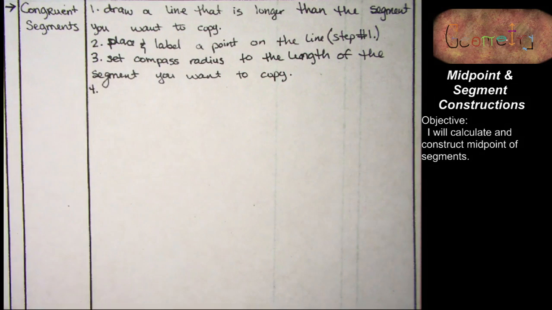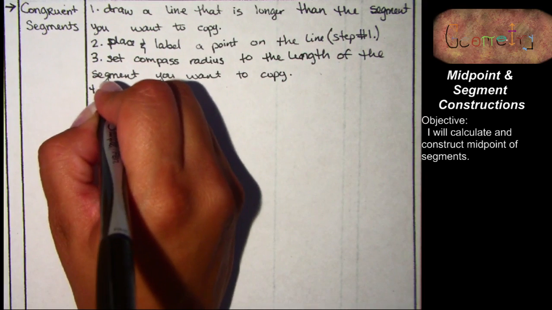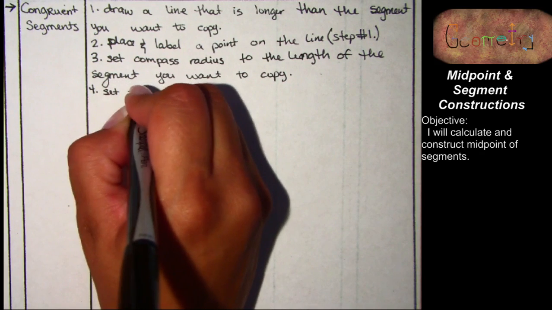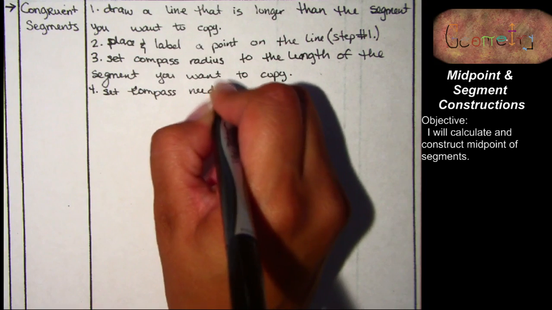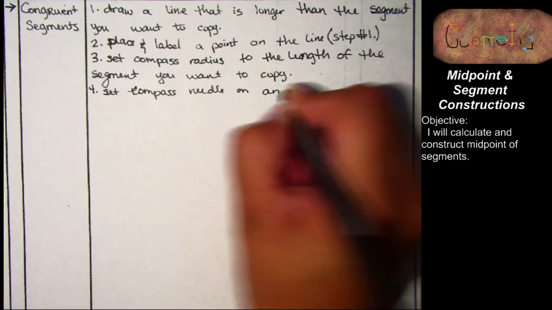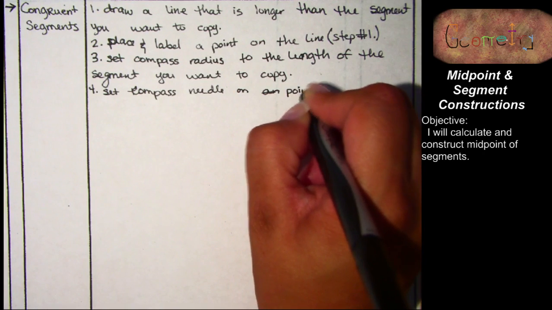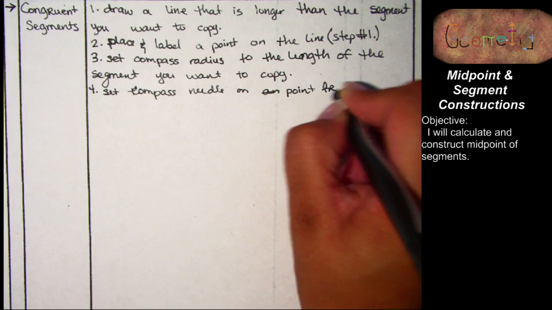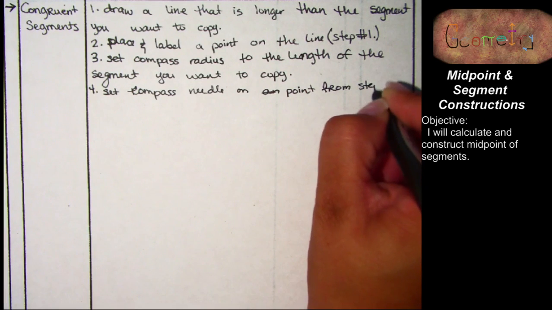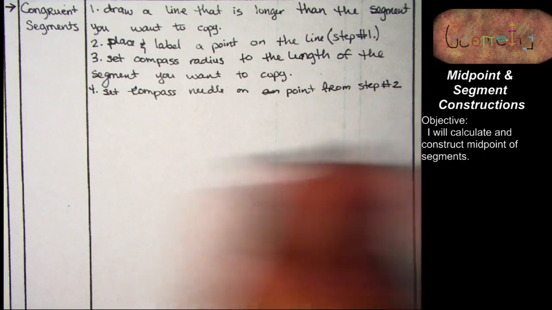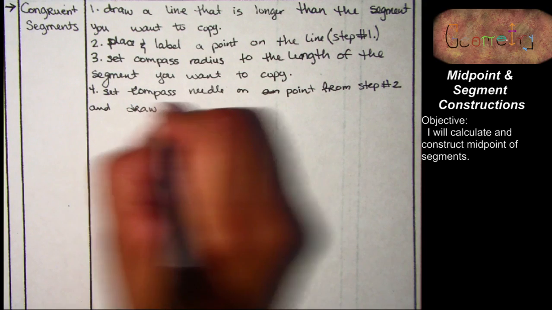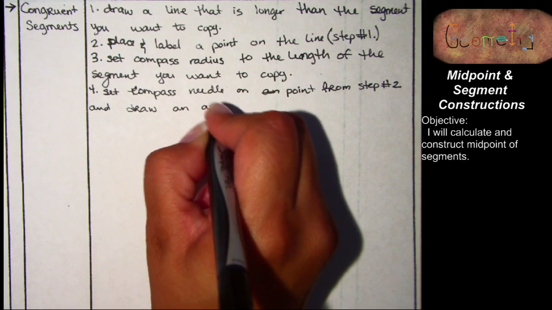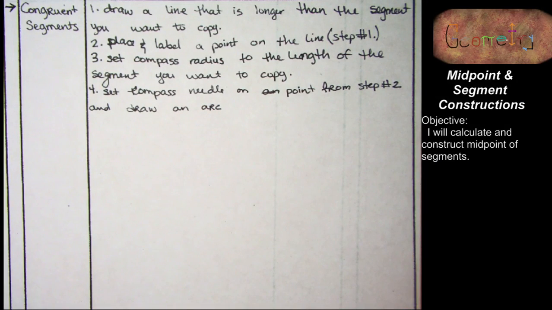Once you have that length set as your compass radius, you're going to set your compass needle on the point from step 2, so the point that you placed on the line and that you drew. And then with your compass, you're going to draw an arc, just a bit of a circle.